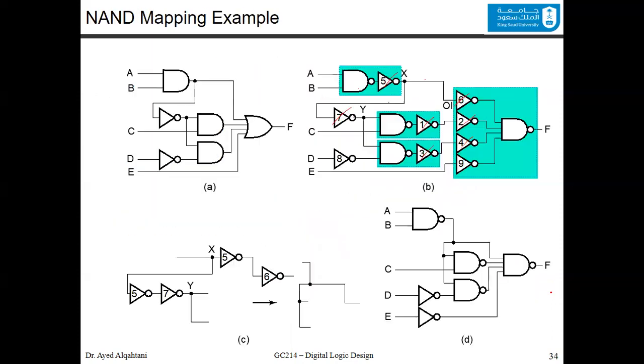If you go back to the NAND, we have 1, 2, 3, 4, 5, 6 gates. So you can see that for this circuit, mapping to NAND is better. It has 4 NANDs, and one of the NANDs is 4 input, and it has only 2 inverters.